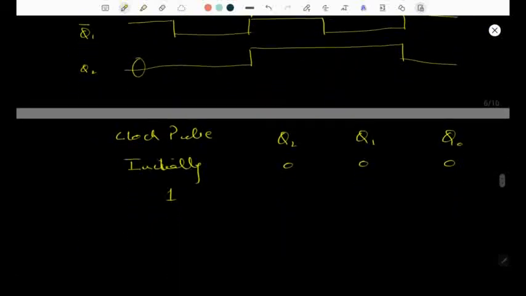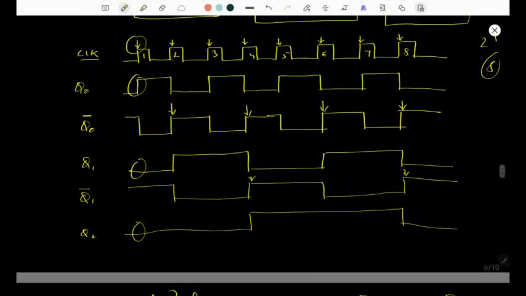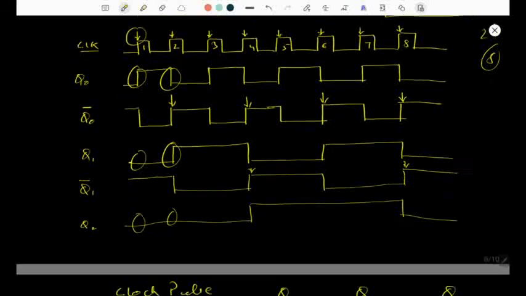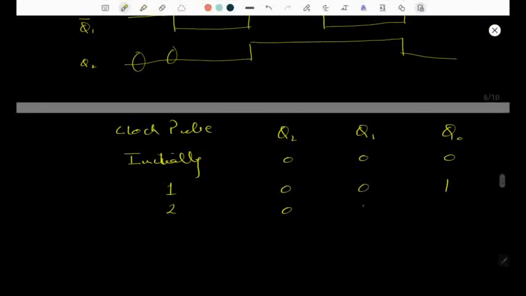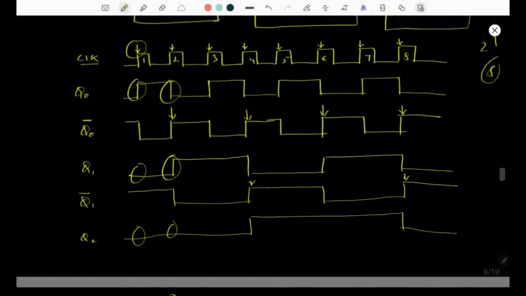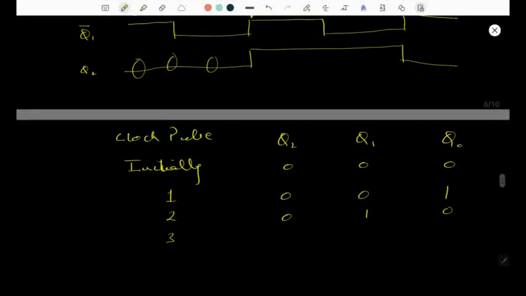At the second clock pulse, Q0 is 0, Q1 is high, Q2 is 0, so it becomes 0 1 0. When the third clock pulse was given, Q0 becomes high, Q1 is also high and Q2 is low, meaning 0 1 1.